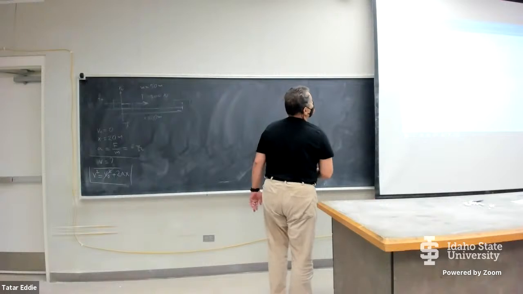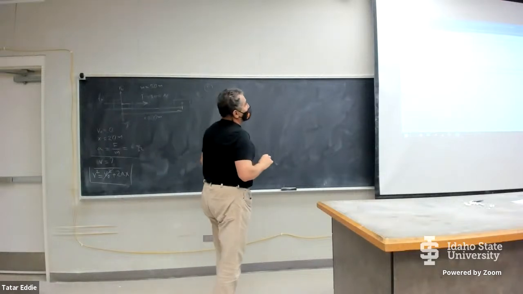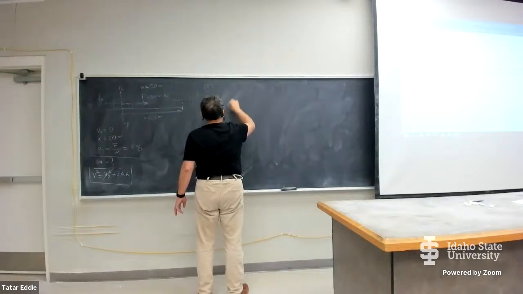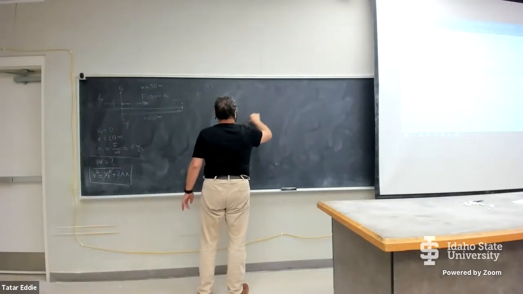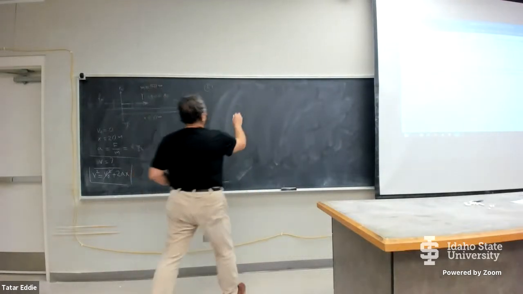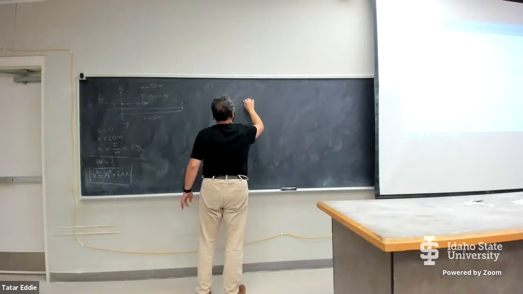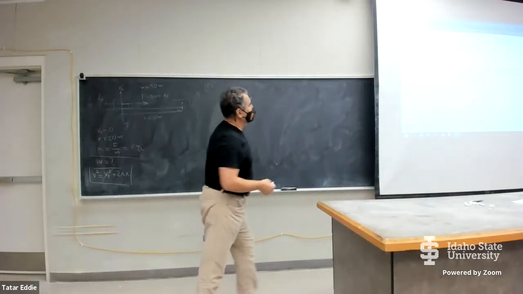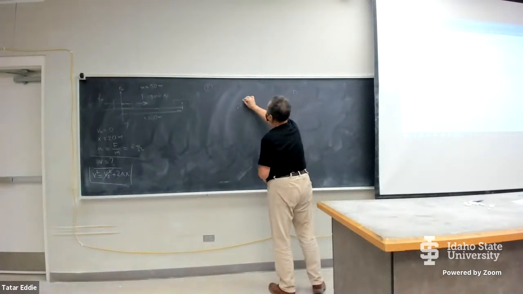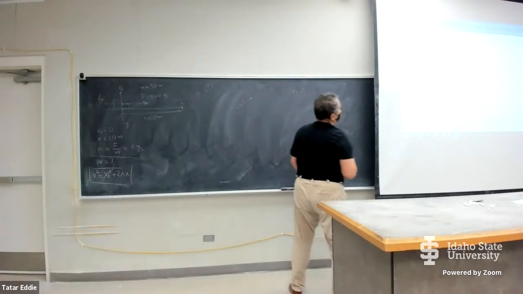This is problem number 8 from the practice test. So here is Saturn, and here is the orbit of your ice cube. The radius of this orbit is given. That radius is 100,000 kilometers.